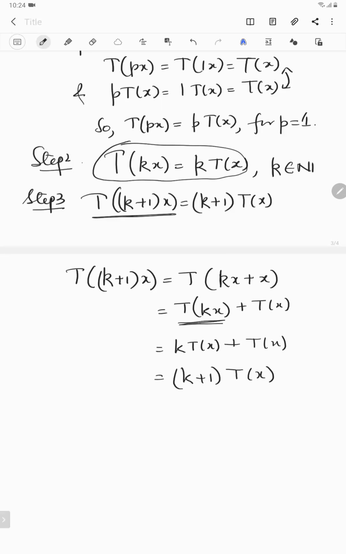Thus, the principle of mathematical induction is completed. So we can say that t of px is equal to p of tx for every p belongs to the set of natural numbers, or you can say the set of positive integers.